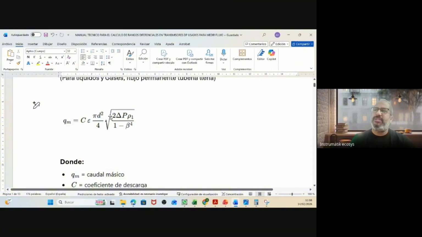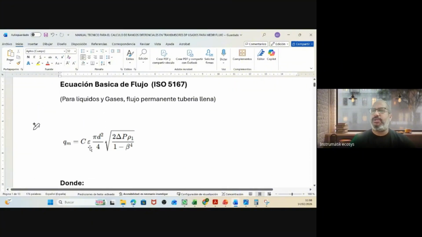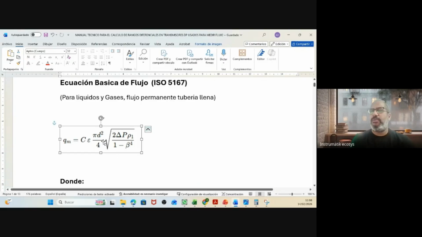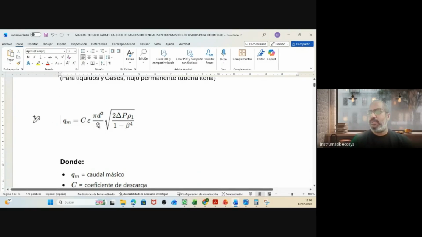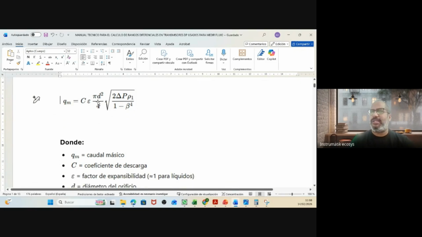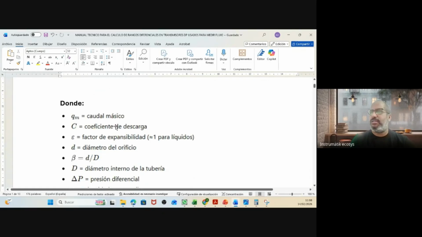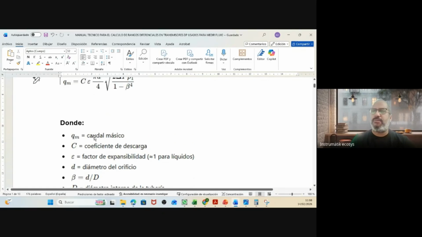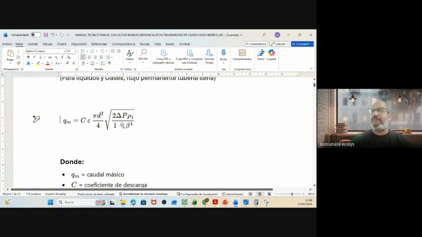So this is essentially the main calculation formula for mass flow. Okay. All of these values here, all of the C factors, is named here as the discharge coefficient. So you need to have most or all of these factors.